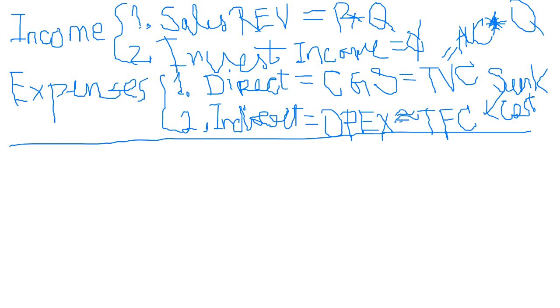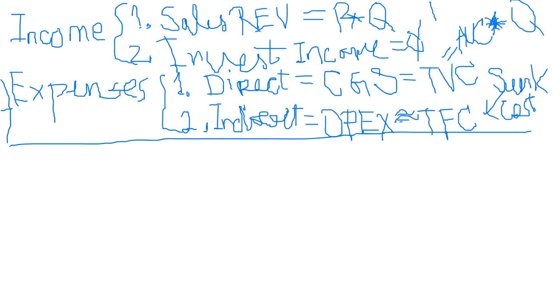So when you have income and expenses all listed, then what do you need to do? You will need to subtract the expenses from income. And suppose the quantity is 1,000, right?